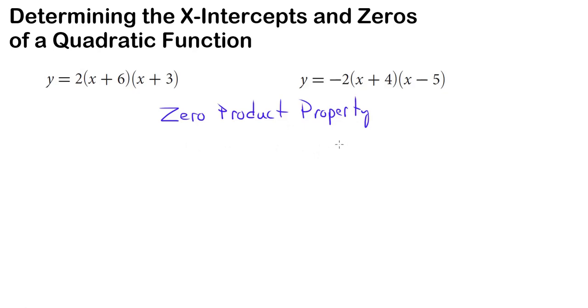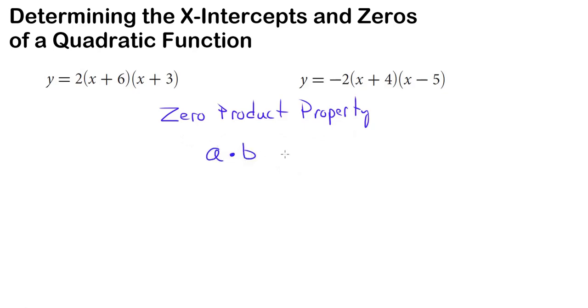And so the zero product property, it actually makes a lot of sense. It's basically, if I multiply two numbers together and the answer is 0, then what do we know about at least one of those numbers? We know that at least one of those numbers is 0, because the only way you can multiply two numbers together and have an answer of 0 is if one of those numbers is 0. So the zero product property looks like this.